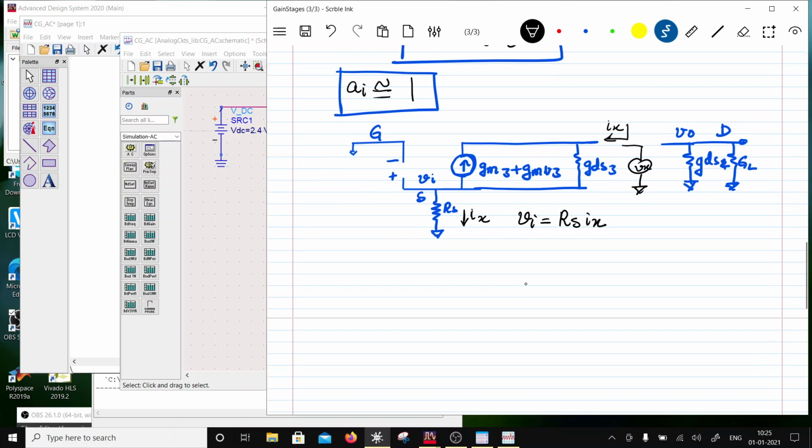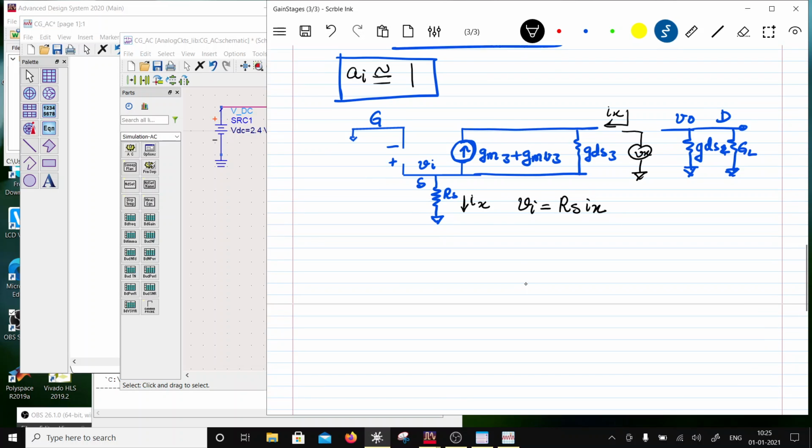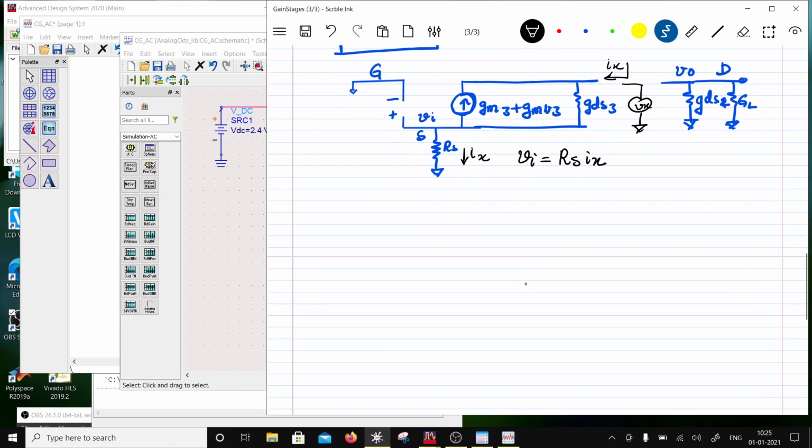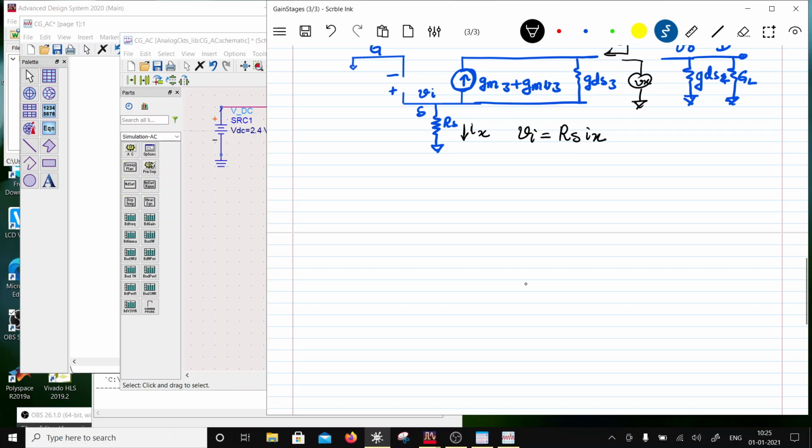So let's write down Kirchhoff's current law at the output node. At the output node, Vx times GDS3 minus Vi times GDS3, and then at this node the current is flowing in, so there is also minus Vi times Gm3 plus Gmb3.